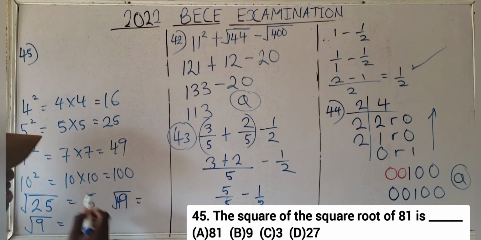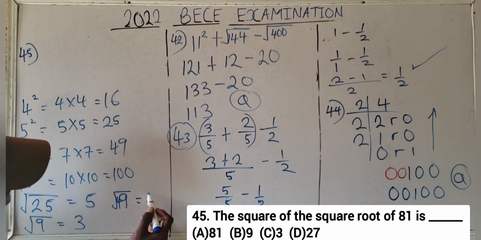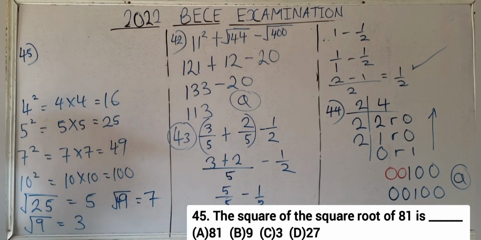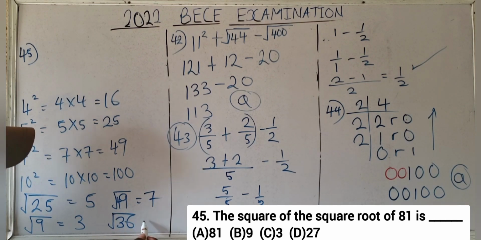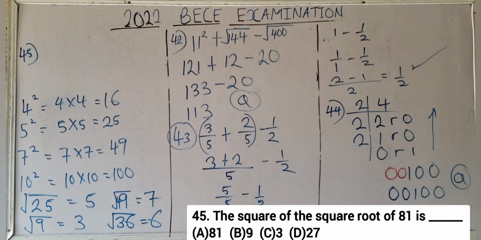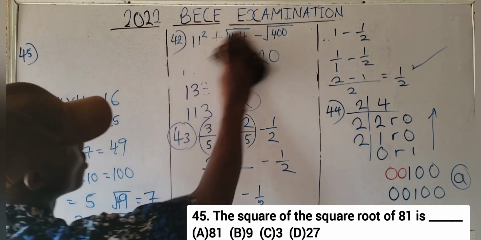This sign that you see here means square root, you understand? And the square root of 36 is equivalent to 6. Do you understand? Okay, now, if you are asked to take the square root of the square root of 100, I'm very sure you can do that now.